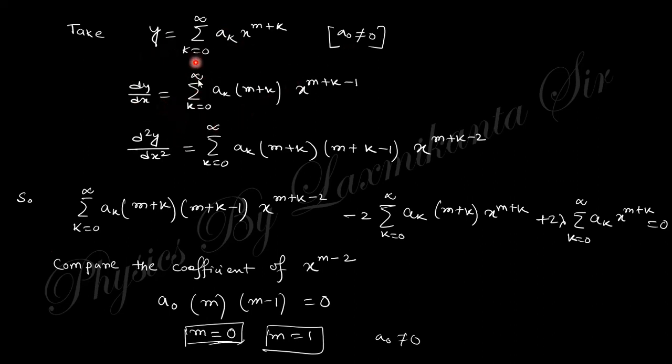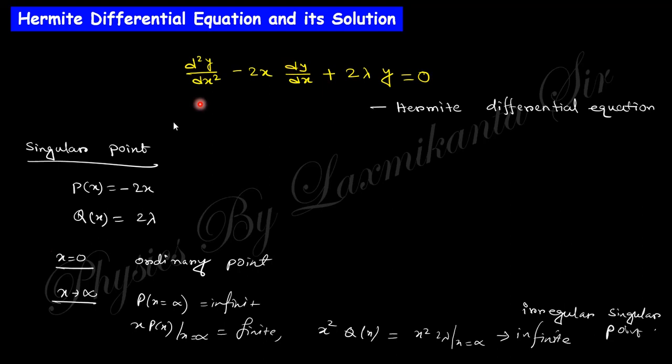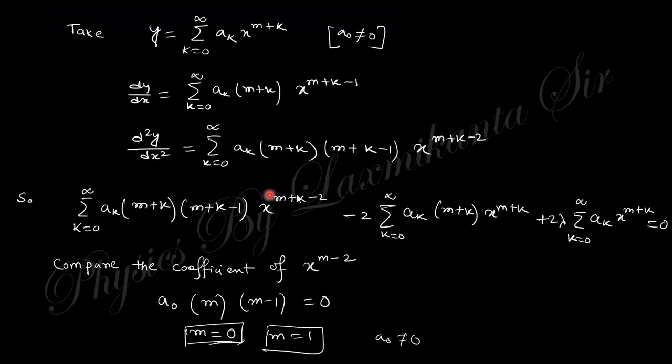Then we take the derivative with respect to x, and the double derivative will be like that. Put these two expressions in the Hermite differential equation and you will get these terms. Now we compare the coefficients and rearrange them. The coefficient of x to the power m minus 2 arises if we put k equal to 0.